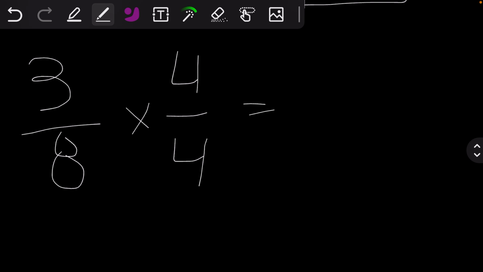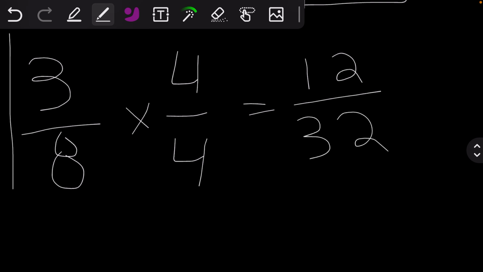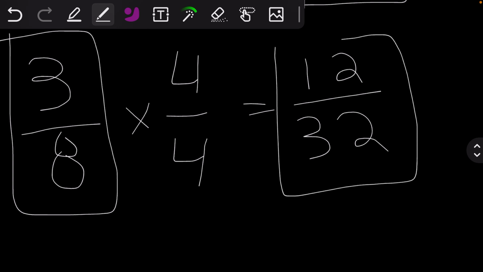Multiply the numerator and denominator of this fraction by 4. 3 times 4 is 12, and 8 times 4 is 32. And so 3 over 8 and 12 over 32 are equivalent fractions.